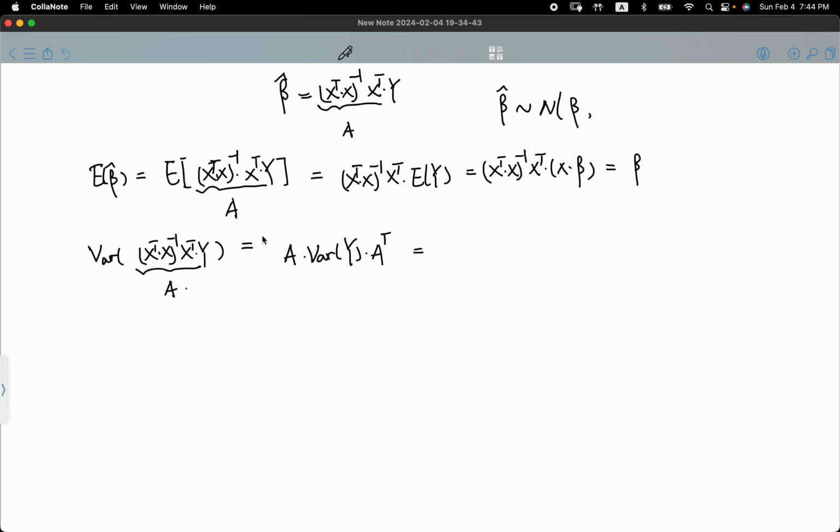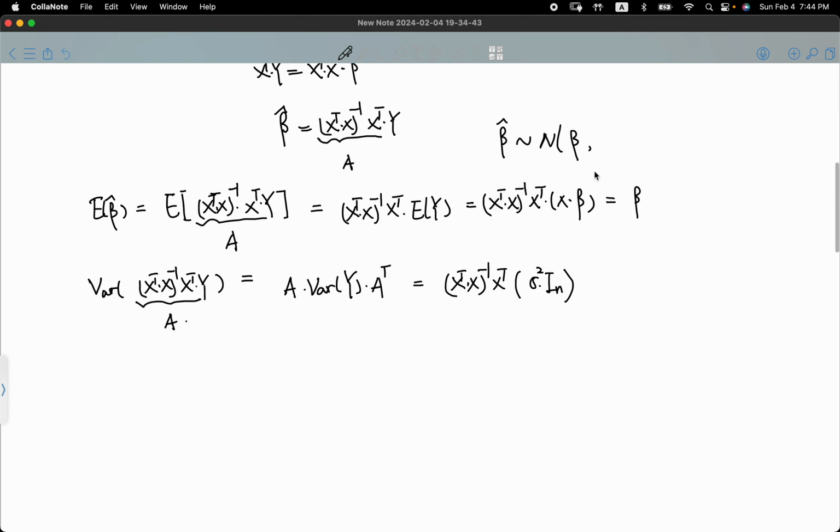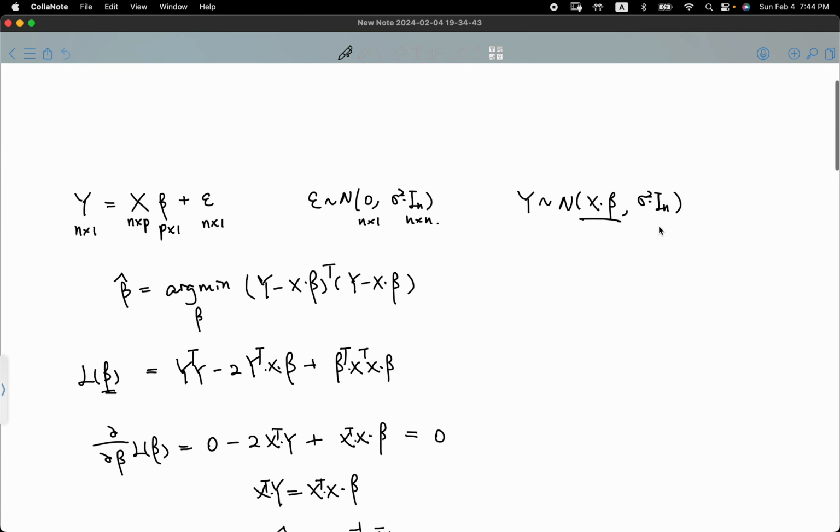This is just a rule for a linear transformation of a random variable. And now let's plug in A here: X transpose X inverse X transpose. Variance of Y is just sigma squared identity N coming from here.